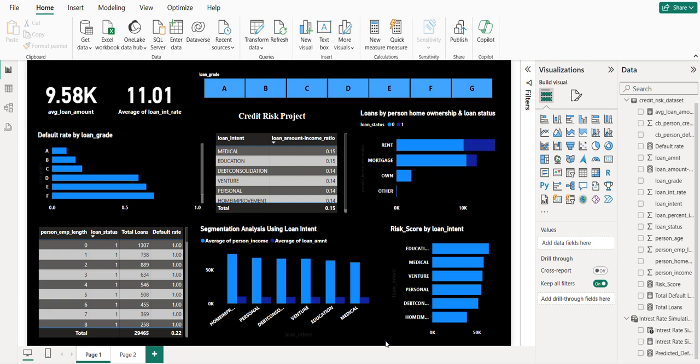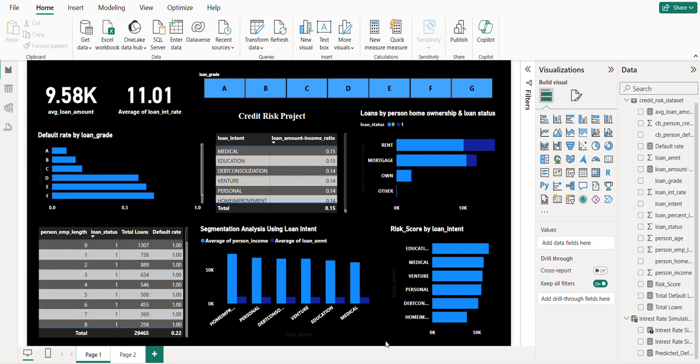Third, medical and education loans have the highest loan-to-income ratio, which makes them riskier. Next, credit history length does not significantly impact default rates. Rising interest rates increase the default risk, making loan affordability a key concern. And education and medical loans have the highest risk scores, while home improvement loans are the safest in our analysis.